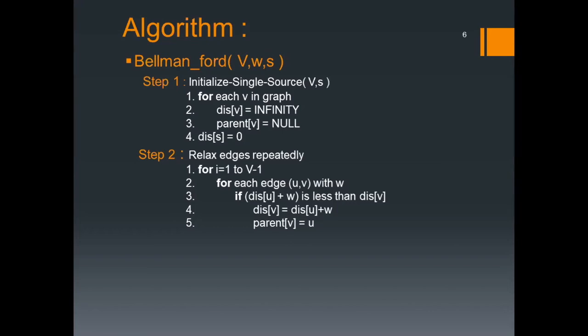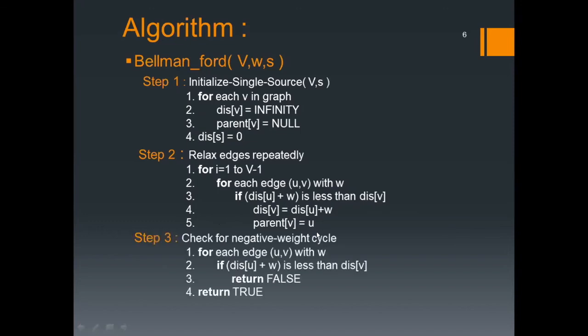And in every iteration, I relax each and every edge: if distance of u plus w, I mean weight, is less than distance of v, that means the distance of the destination node, then we will update distance of v equals distance of u plus weight, and parent of v equals u. And then step 3 is the checking part.